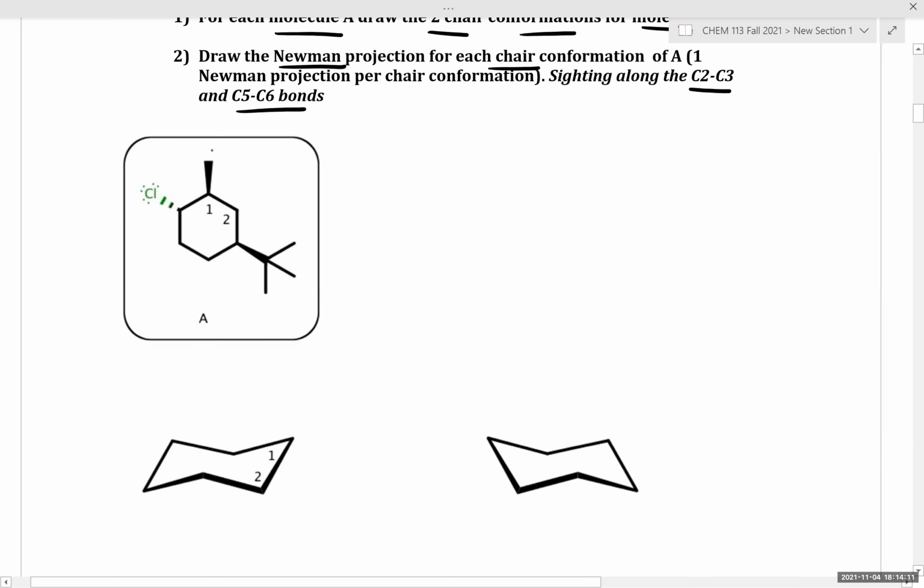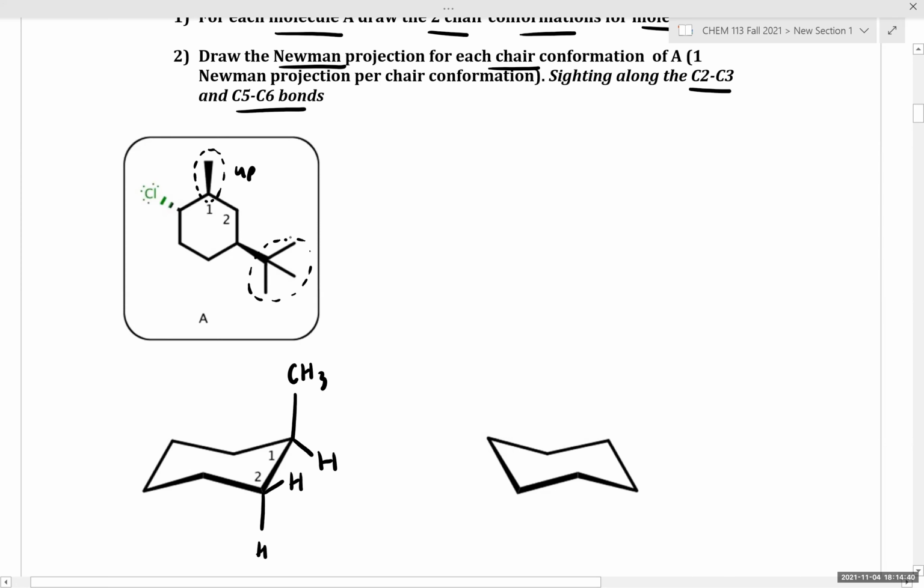let's analyze the stereochemistry here. So carbon 1 here, this methyl group is up. So as a result, on carbon 1, we would place this methyl group in the axial up position. Carbon 2 just has hydrogens. You do not have to fill in the hydrogens, but it's useful for visualizing 1,3 diaxial interactions.